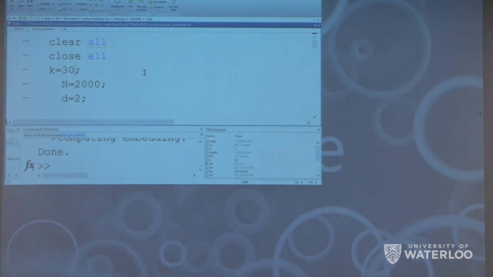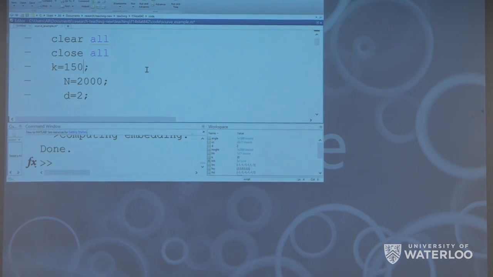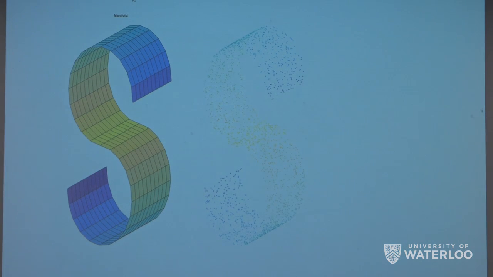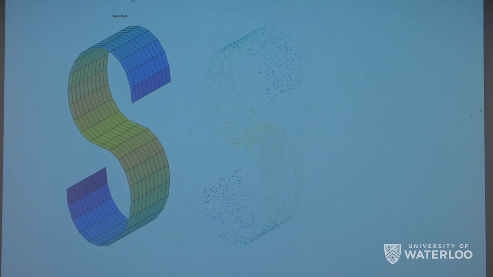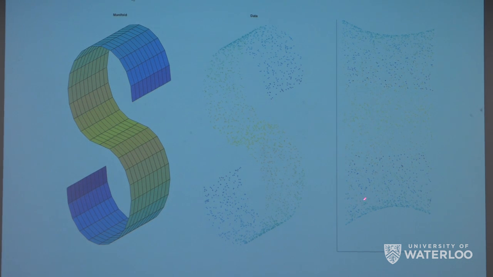If I say K is equal to, I don't know, 150, then with a large number of neighbors, as I said, it approaches PCA, so we start to consider a large portion of the manifold as a patch, and this patch is not linear anymore. So just look at the points here. All of these colors are mixed up. Blue and yellow are mixed up here.